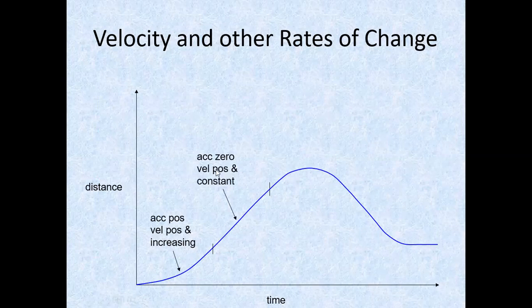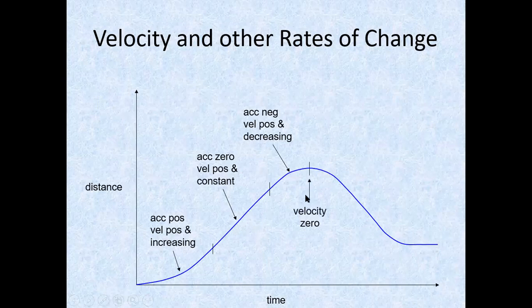At this point, the acceleration is 0, velocity is positive and constant, and at this point, the acceleration is negative because it's getting smooth and going to the decreasing function.